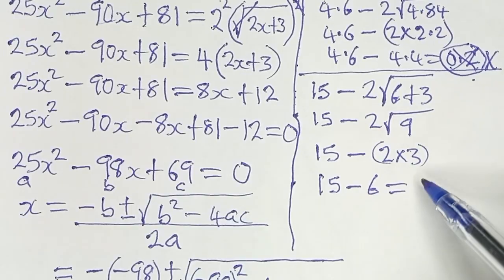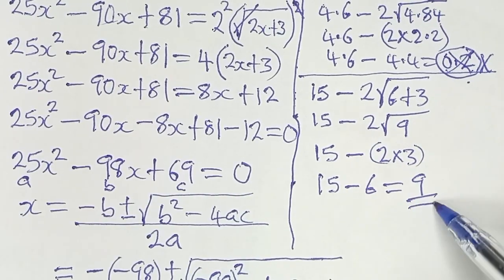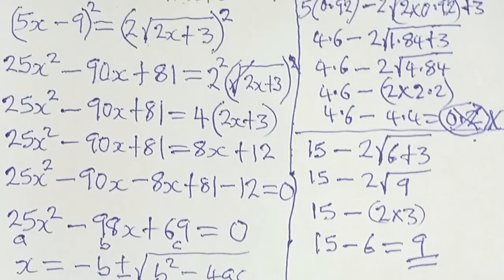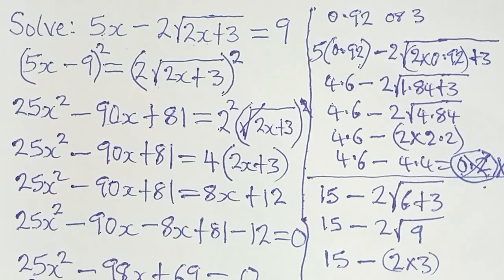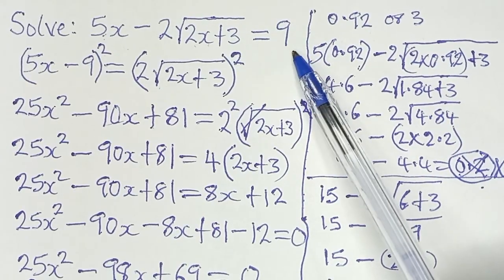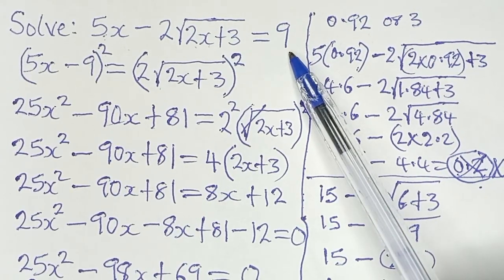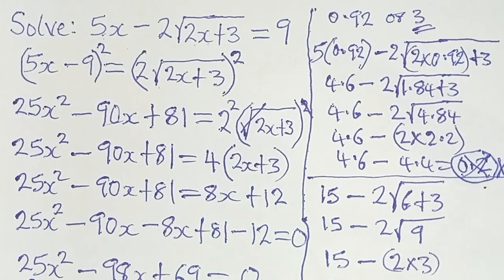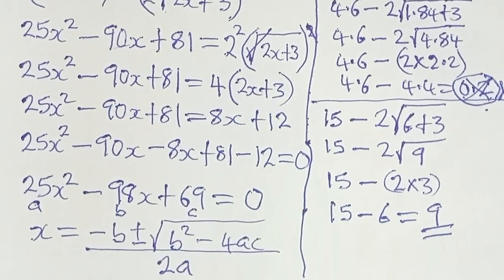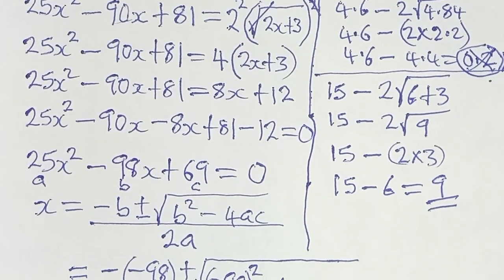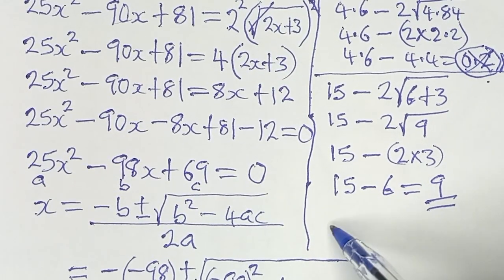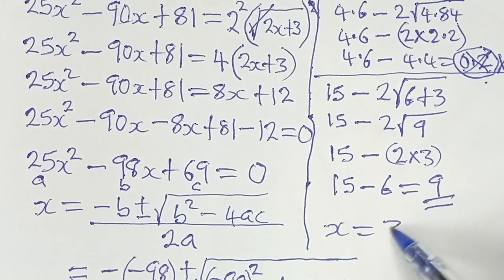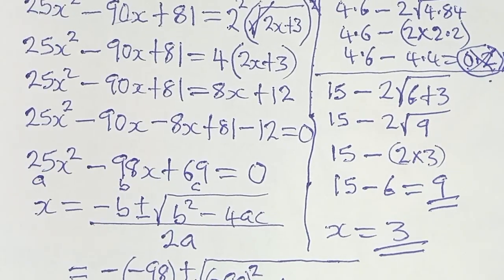So 15 minus 6 will give me 9, which is exactly what is on the right hand side of the equation. Hope you can see it. So it is exactly 9 that is on the right side of the equation. So that means the value x is equal to 3 is correct. So I can finally conclude with all certainty that x is equal to 3 is the correct answer.